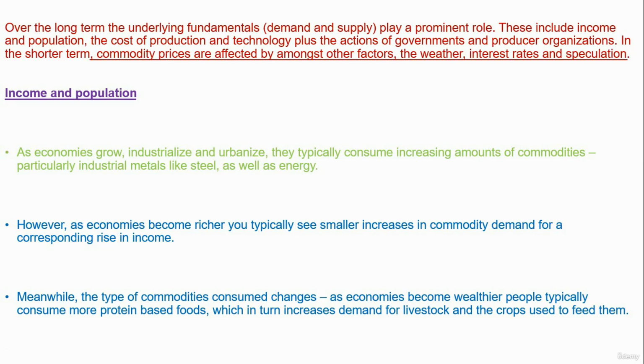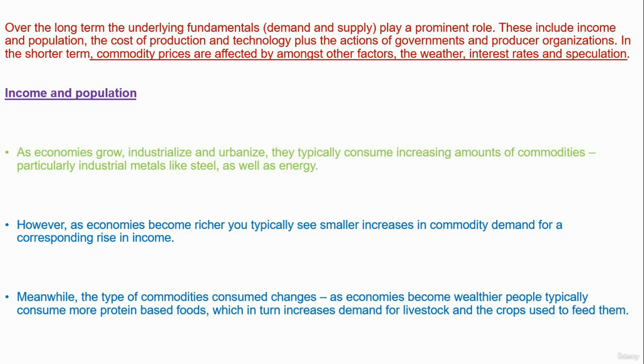The actions of government and producer organizations also impact the commodity market. The prices of commodities are affected by some other factors also, which are speculation, interest rate cut or hike, and weather. So we will be looking into those factors.